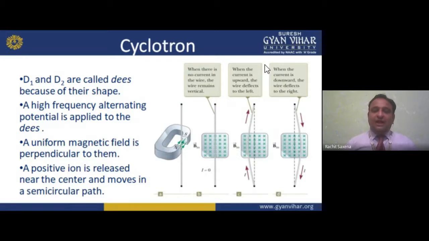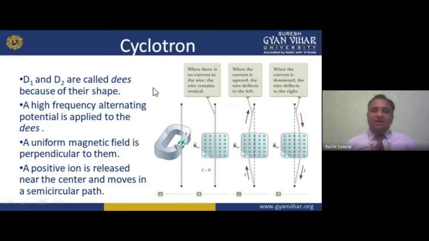D1 and D2 are called Ds because of their shape. Two things are there, D1 and D2, and they have the shape of a D, like this.